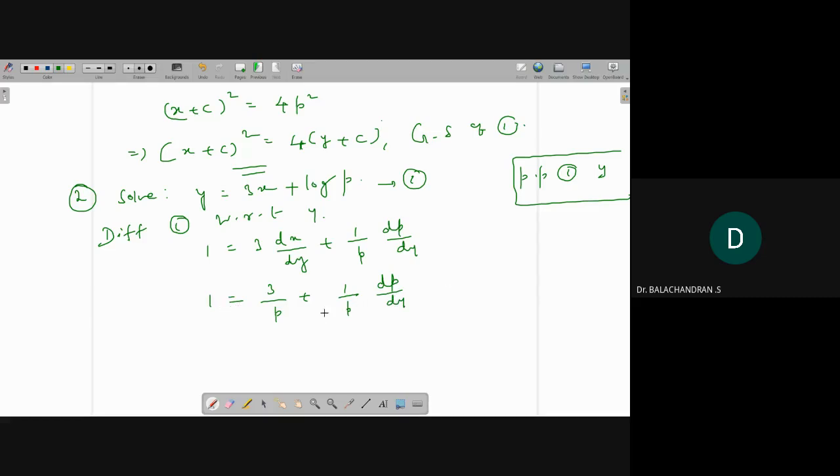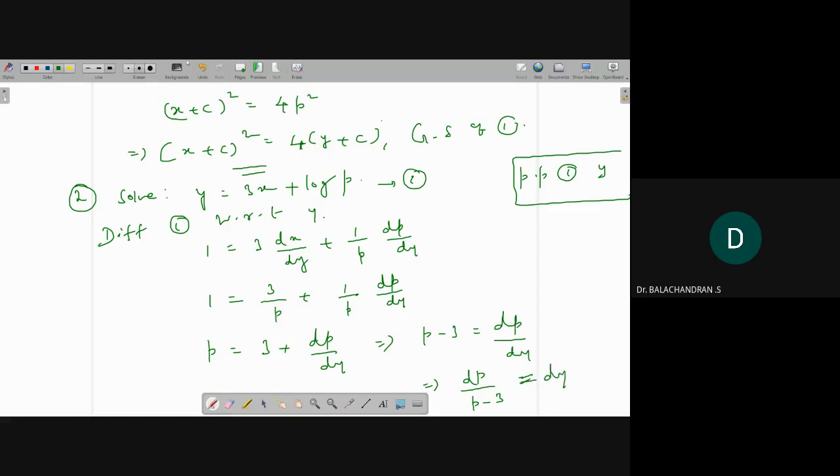Take p as the LCM and then cross multiply. Get p equal to 3 plus dp by dy, or p minus 3 equal to dp by dy, or dp by (p minus 3) equal to dy.